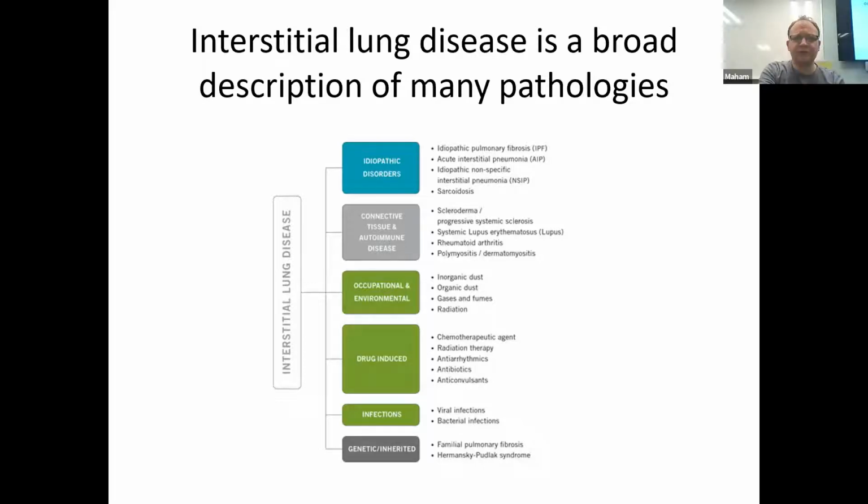And the main differentiators in these idiopathic disorders are patients with IPF or a UIP pattern, usual interstitial pneumonitis, are patients with alveolar destruction and scarring that's fixed. This is opposed to the NSIP, nonspecific interstitial pneumonia, which is a more inflammatory process. You'll see ground glass opacities rather than interstitial fibrotic changes, and these are often associated.